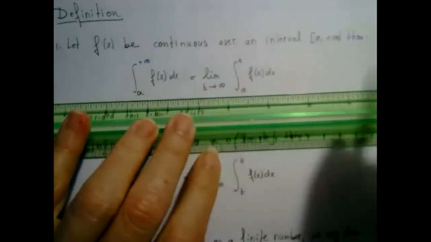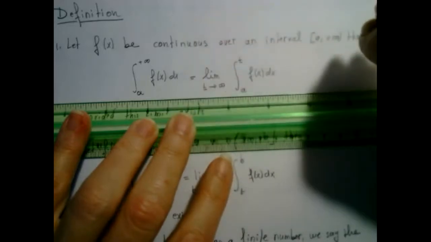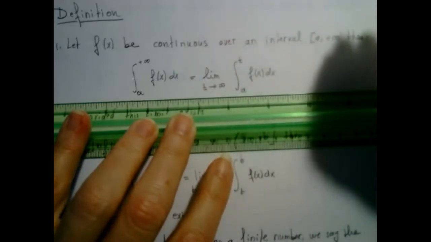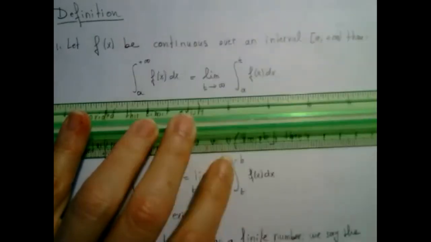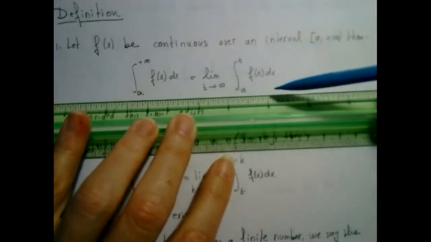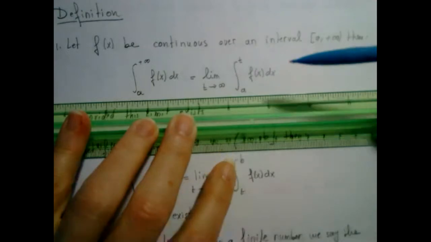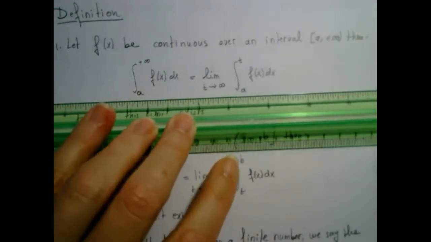Remember, as I mentioned yesterday, the definite integral from a to b is defined as the limit of Riemann sums. A Riemann sum requires us to divide the interval into pieces. When I have an unbounded interval, the definition falls apart. It doesn't work. So it's equal to the limit as t goes to infinity of the integral from a to t of f of x dx.